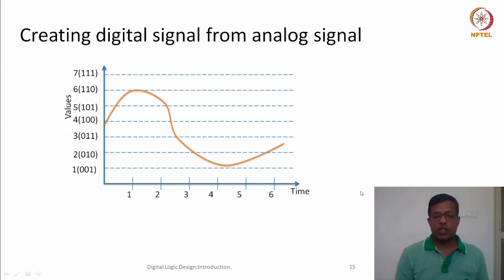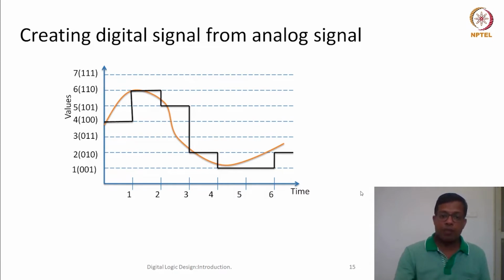Now when I am talking about a digital signal, it is not continuous, neither continuous in values nor continuous in time, so they are discrete. Discretization would happen at both places, for values as well as for time.